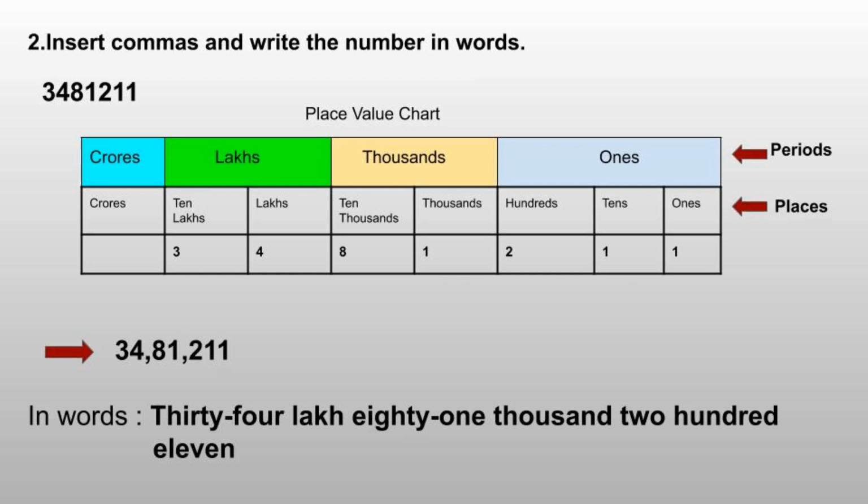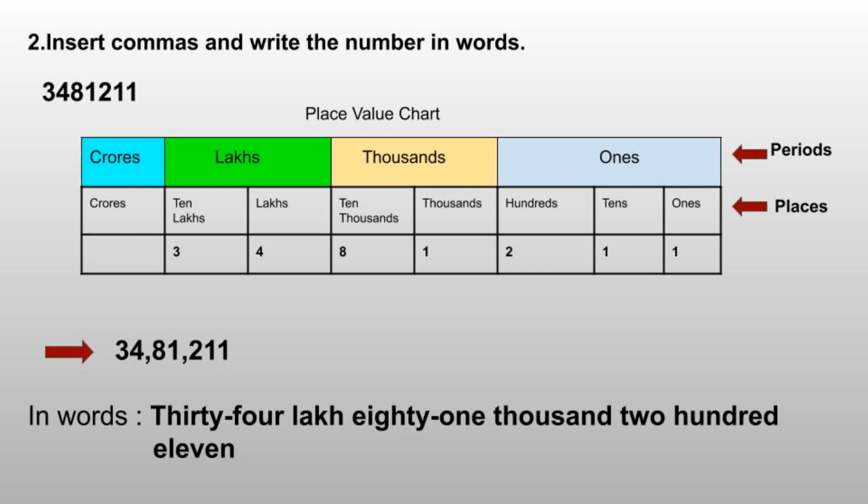Next example, insert commas and write the number in words. The given number is 3481211. For inserting commas, the digits can be separated according to the periods. In Indian system, digits are separated initially by 3, then by 2, according to the periods. In place value chart, the number is represented here. Start from the right side of the number.